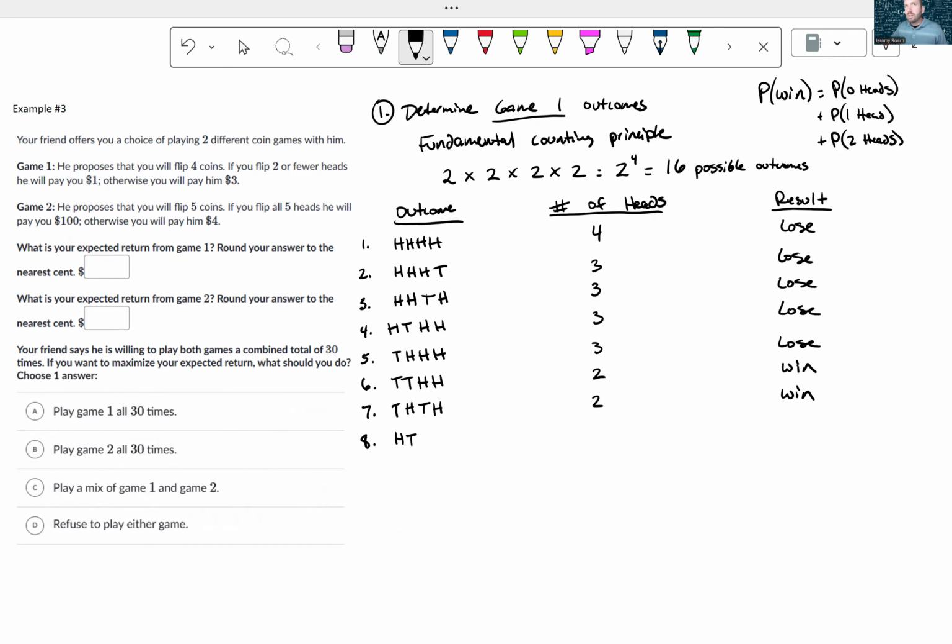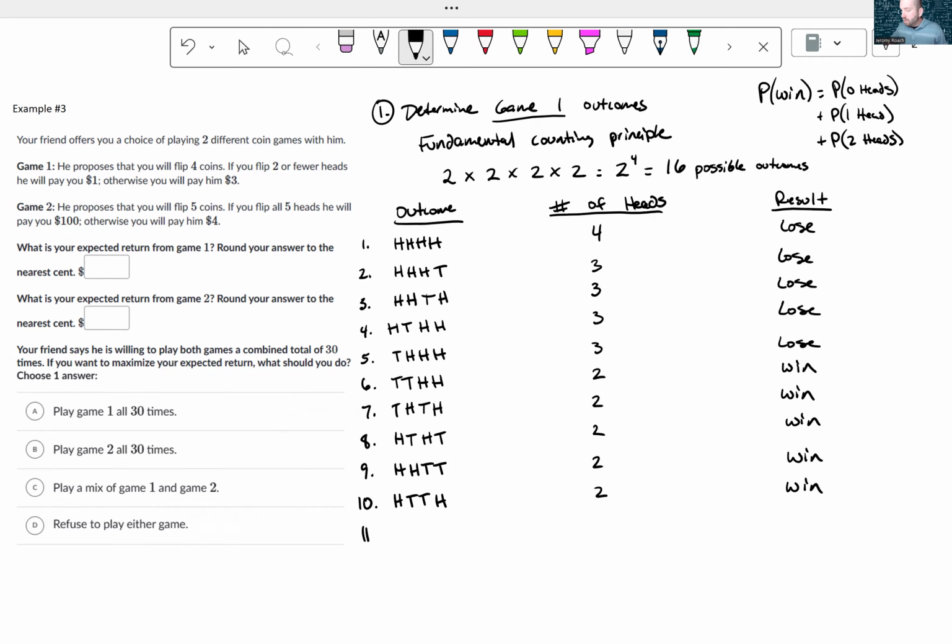Heads, tails, heads, tails. And we have 2 heads, and we would win. Heads, heads, tails, tails is another combination. 2, we would win. Heads, tails, tails, heads is the next one.